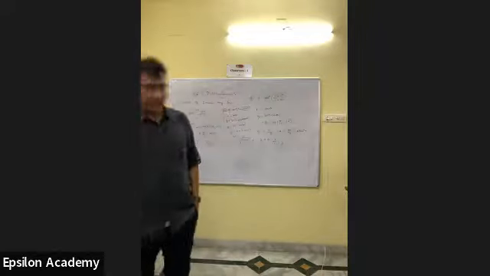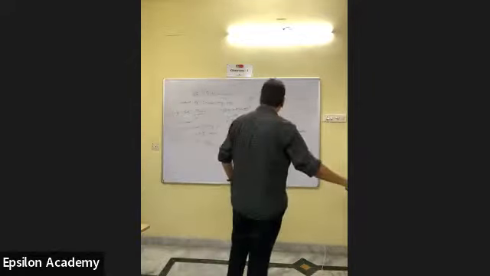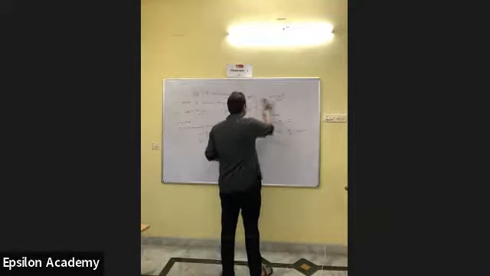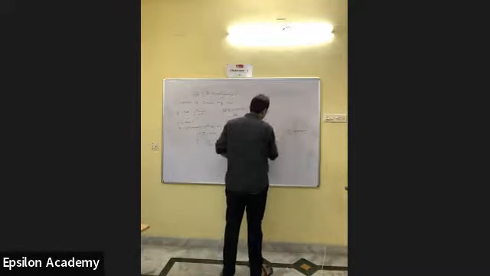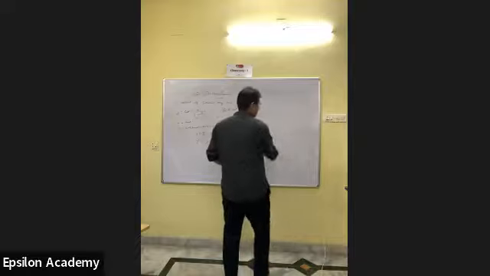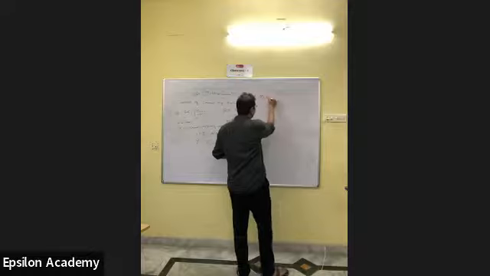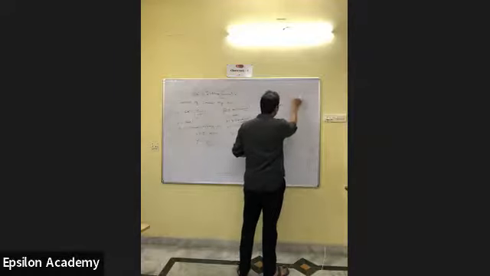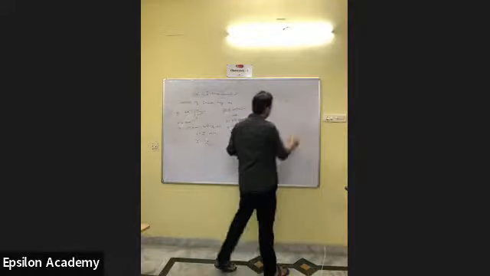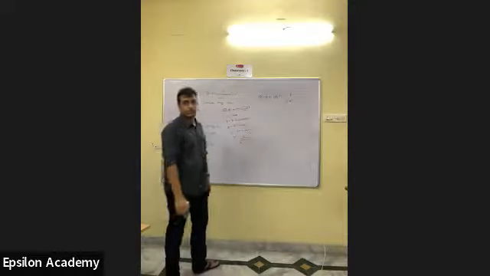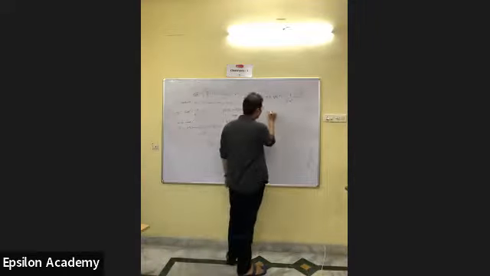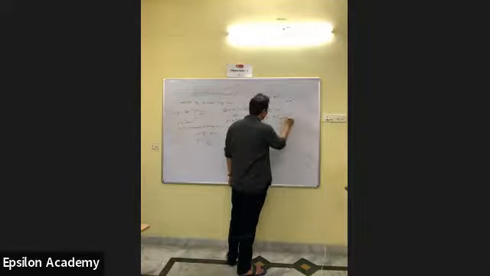So how will you do the next one? Last problem, right? So y is equal to secant inverse of 1 by (2x square minus 1), correct? So what will you put x as? Cos theta. Then y will be equal to secant inverse of 1 by (2 cos square theta minus 1).